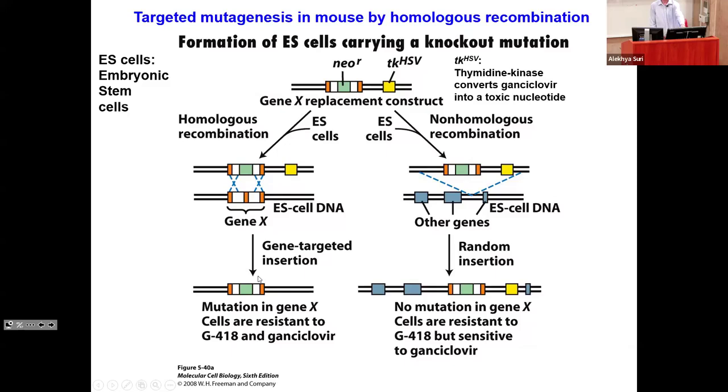The orange boxes are the sequences flanking the neomycin resistance gene, and on the left side that will replace the gene of interest, or part of it.